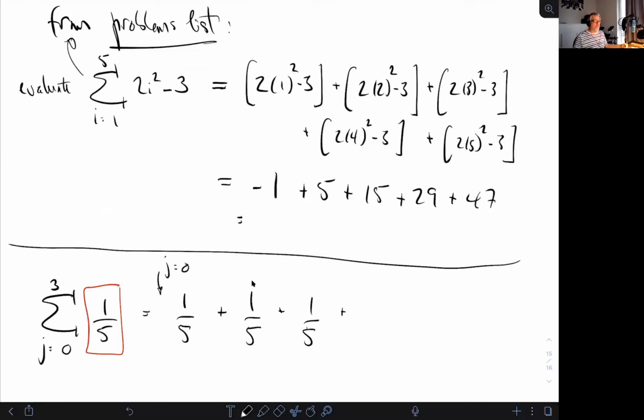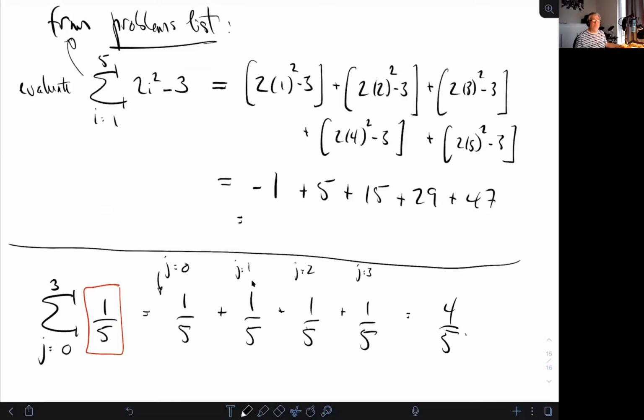I know it sounds terrible, but what's the value when j equals 3? It is 1/5. So it's a constant, so its value does not change for different values of j. It is always the same value. So this is 1/5 plus 1/5 plus 1/5 plus 1/5, and this is 4/5.